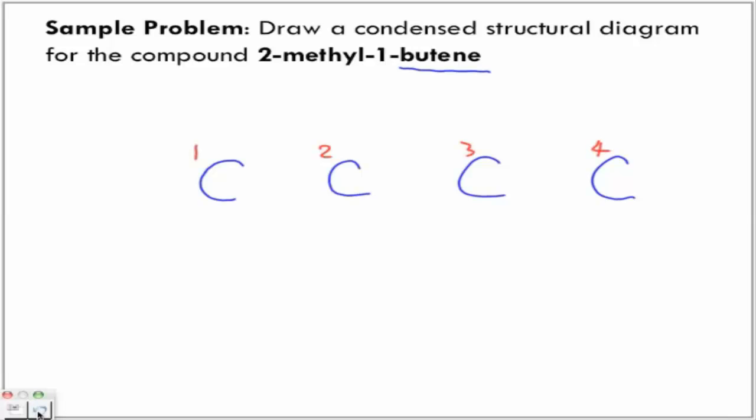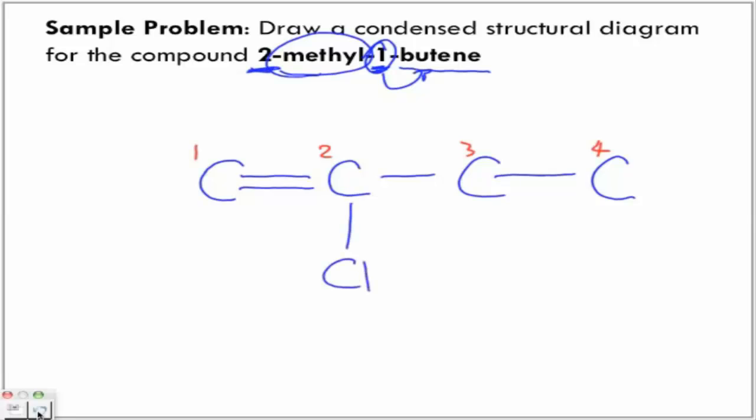And the one next to butene mentions that there is a double bond. The methyl is another group attached to the carbon, and the number 2 is where the methyl is.